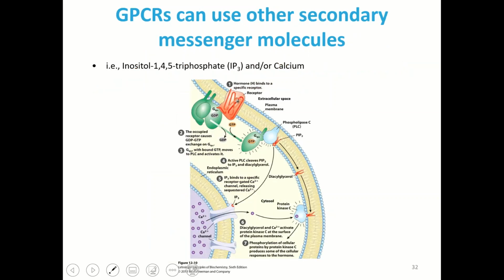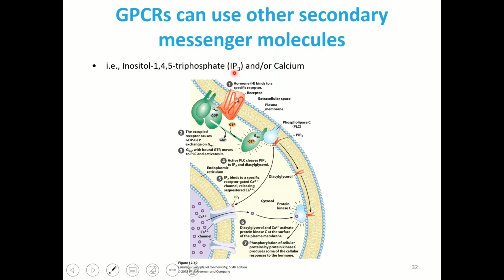Okay. These G protein coupled receptors can also use other secondary messenger molecules. An example here is what's known as inositol 1,4,5 trisphosphate. I think we saw this; it was one of the lipid head groups we talked about.